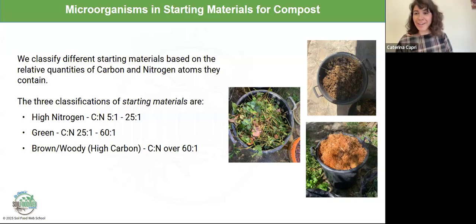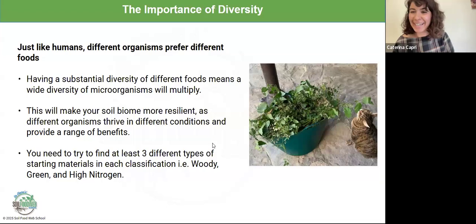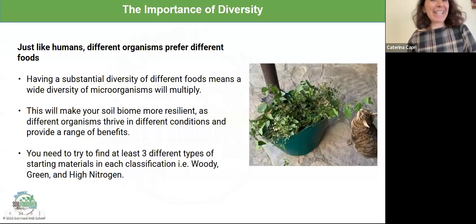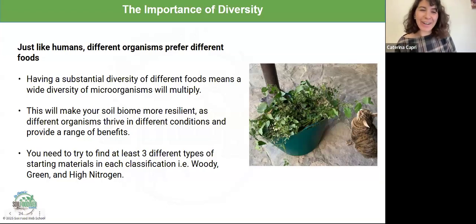We can move on. I don't want Nick to be telling me I have to speed up even more. But yes, one thing I really want to pass on to you is, again, diversity. Diversity is very important because, as humans and as my cat, as you can see in this photo, microorganisms also have taste, different preferences for food, right?